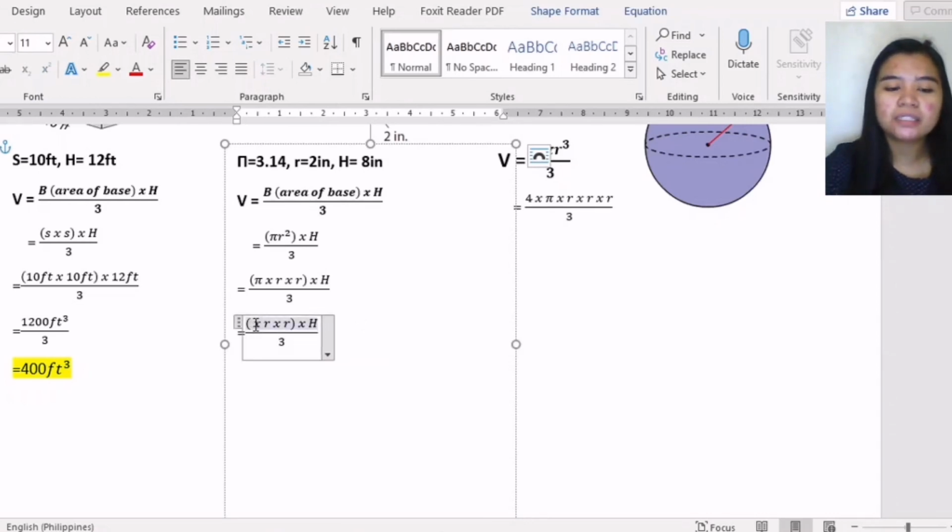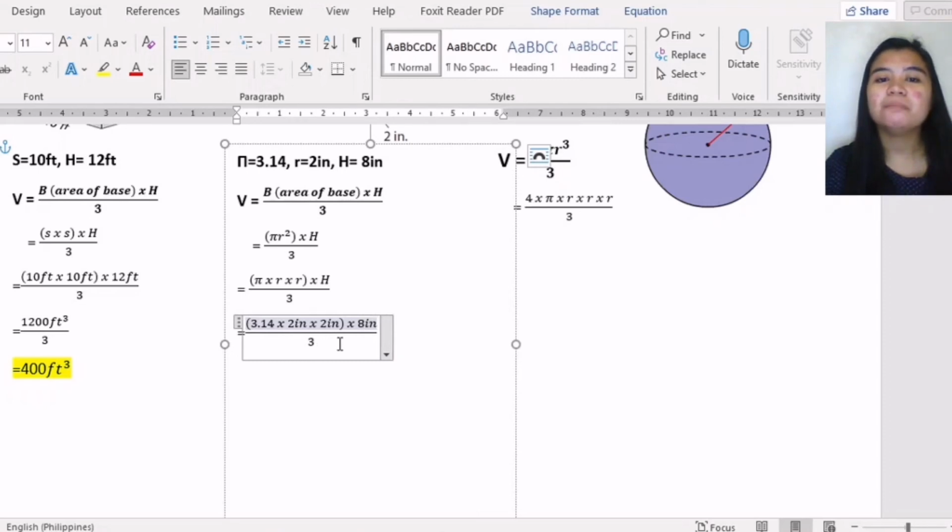Ang pi, that is 3.14. And then our r, ang r na binigay is 2 inches. So ilalagay na natin dito 2 inches. And then another r that is 2 inches. And then for our h or height, that is 8 inches. And then divided by 3. Ayan, so nag-substitute lang tayo.